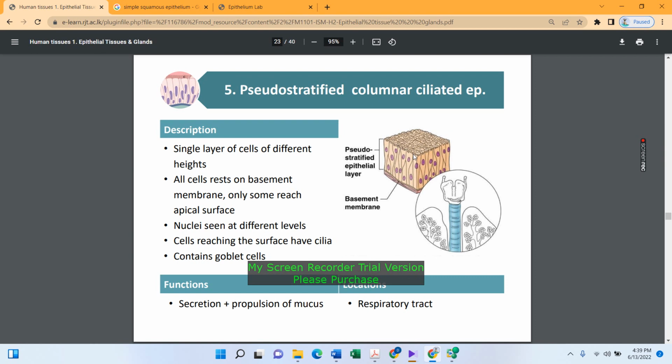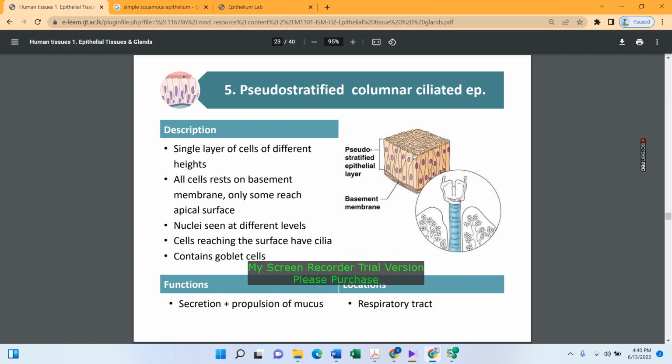This mucus is a place where the microorganisms and bacteria coming from the air you inhale get accumulated, and then this mucus is either thrown out of your body by coughing, or swallowed into your esophagus or gut.